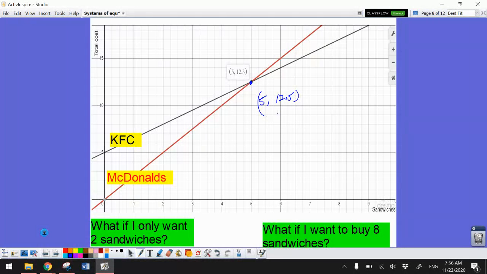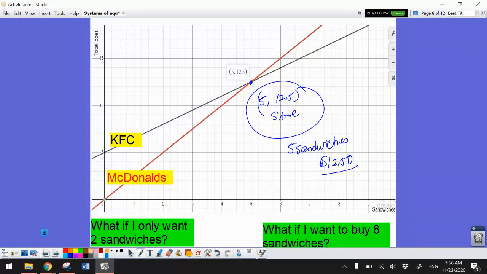Okay, so here it's the same. Five sandwiches are going to cost $12.50. Doesn't make a difference who I buy them from. But there is a difference in terms of cost and how many sandwiches I can get depending on where I go from that point.